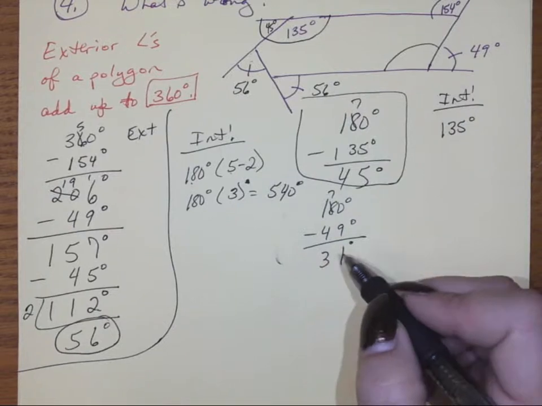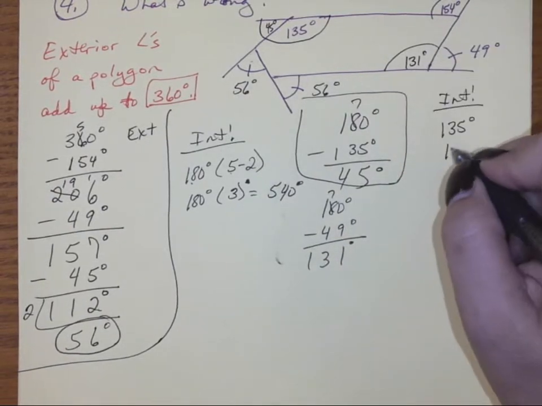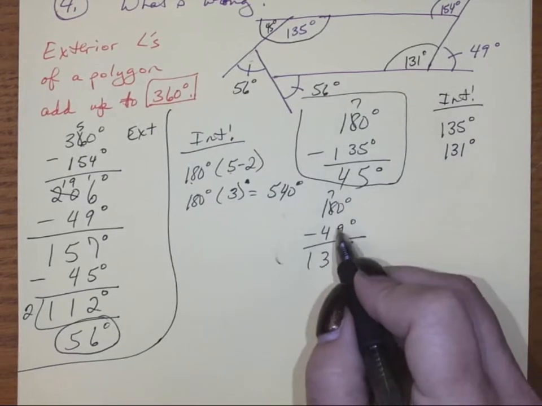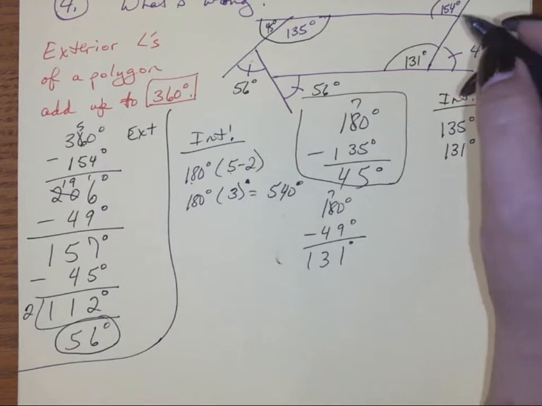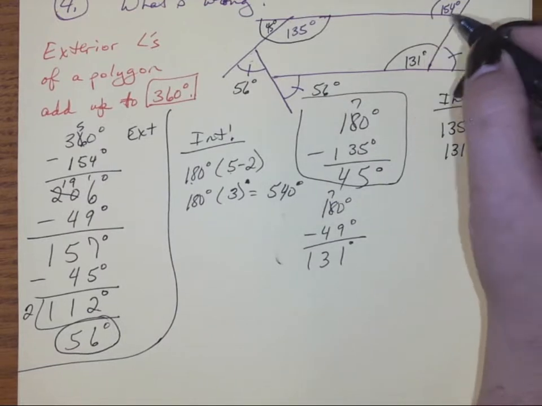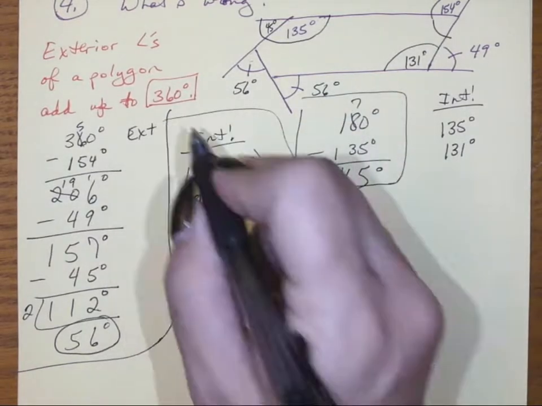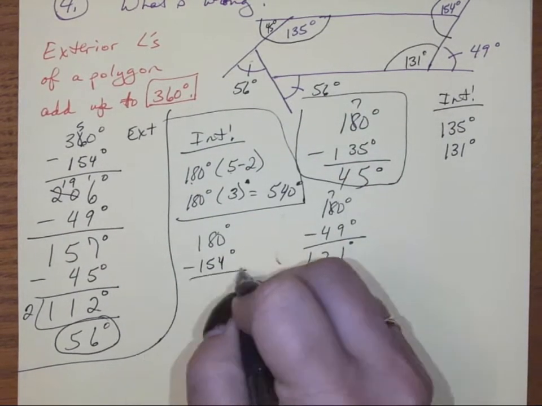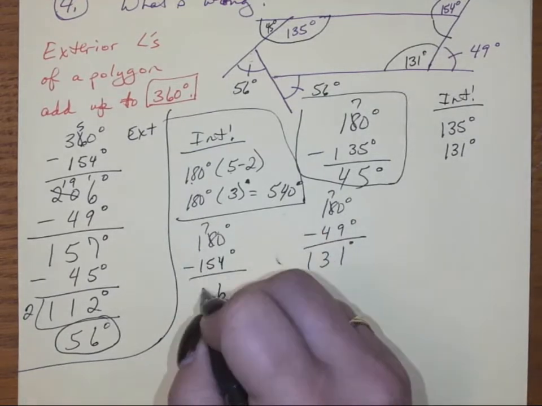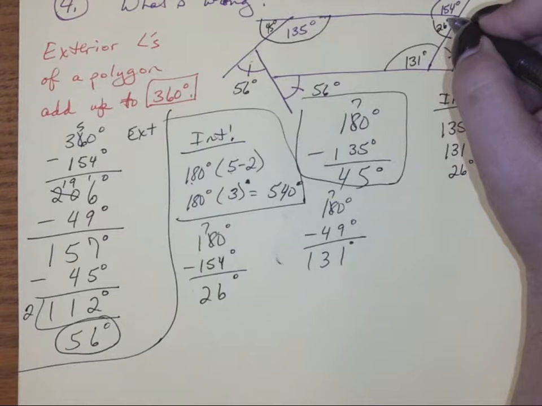So the inside guy should be 131 degrees, if I've done that right. Double check the arithmetic. Yep. Okay, inside of this guy, 180 degrees minus 154 degrees, 26 degrees on this inside guy.